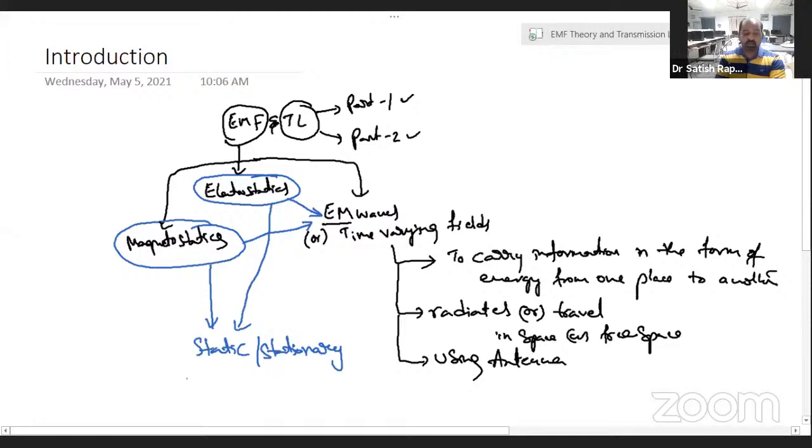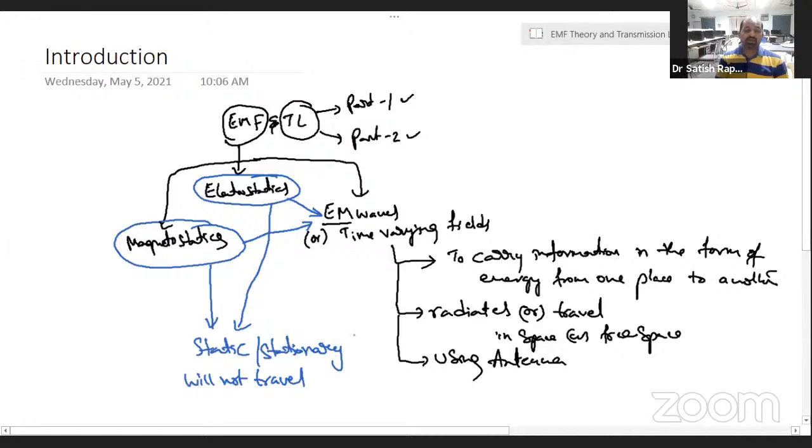Stationary in the sense will not travel. They cannot travel on their own. That means electric field cannot travel in space. Magnetic field alone cannot travel in space.